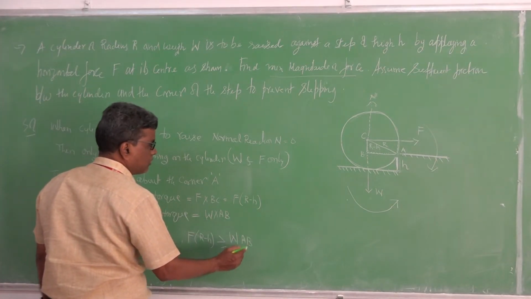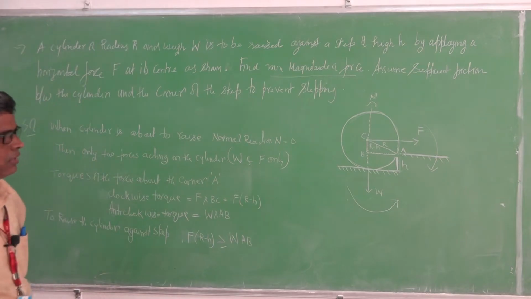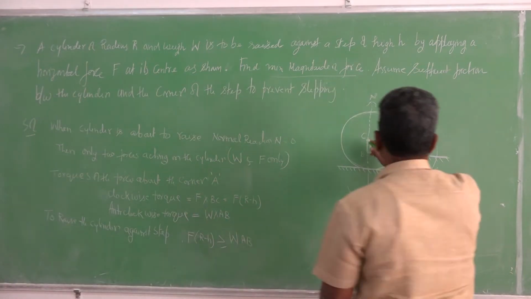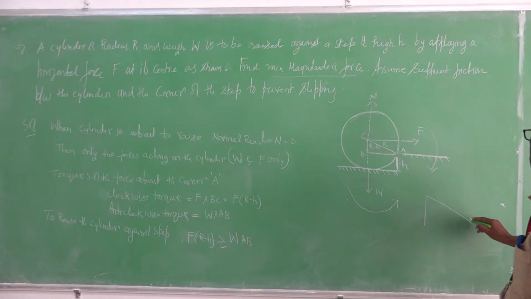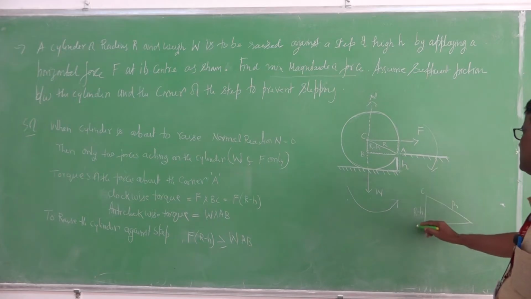Now let me find AB. In this triangle, this is r minus h, this is CB.